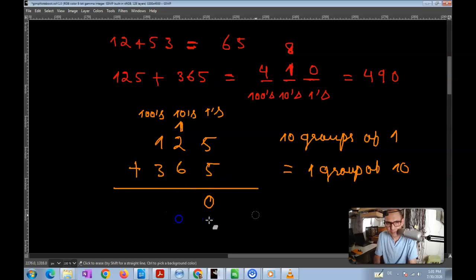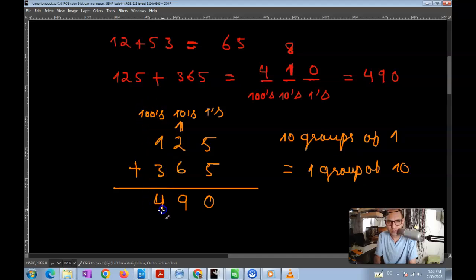And now I can still do the rest of my operation, meaning that I still have 2 groups of 10, 6 groups of 10, that would be 8 groups of 10, and I had essentially 1 group of 10 coming from here, so that's basically 9 groups of 10. And then you can move to the next place value, which is 1 group of 100 and 3 groups of 100.